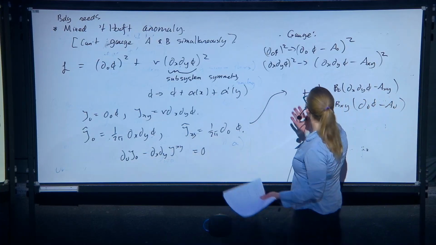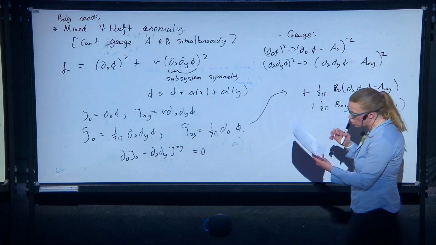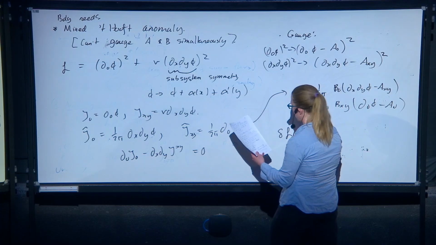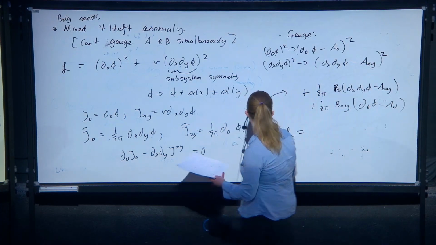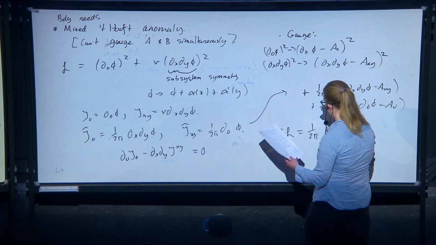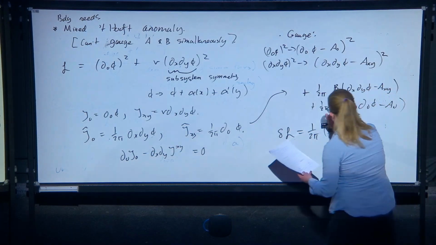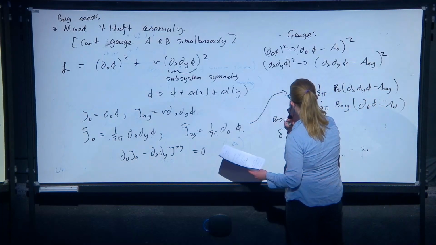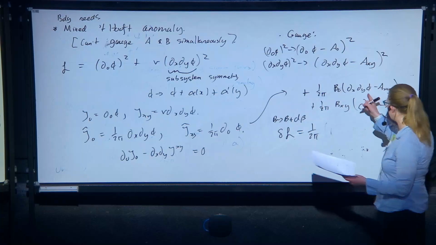Okay, great. So this is my action. Like I said, this is how I should couple my fields to, how I should gauge the symmetry. And you can see the change in the boundary action. Here I've got 1; if I replace 1 by k, there would be a k. But anyway, you get a 1 over 2 pi, and then I get a beta, the gauge transformation, B goes to B plus d beta, where d can have these x and y derivatives.